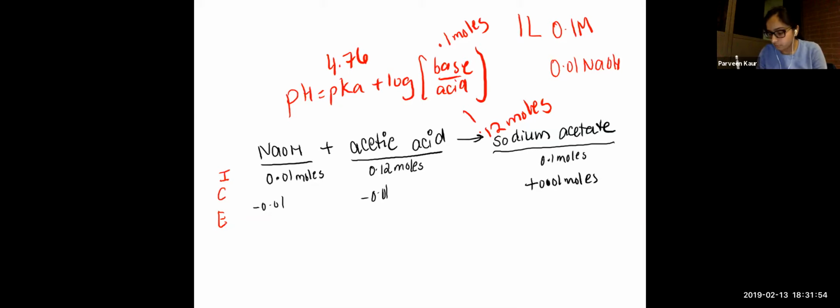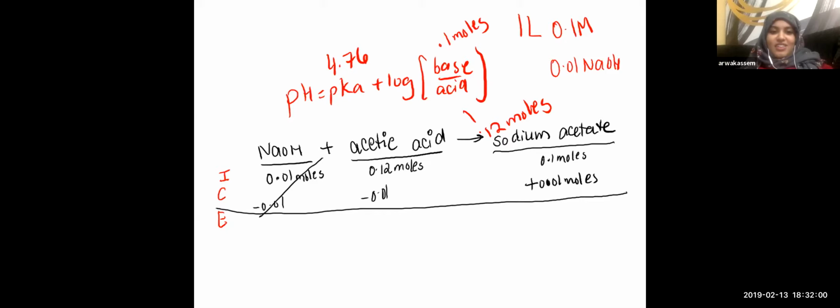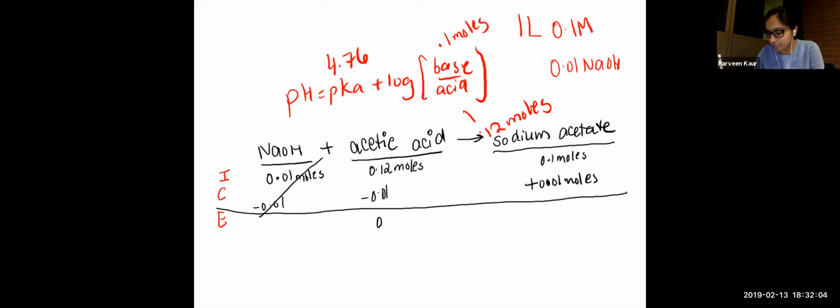Perfect. For acetic acid you get 0.11, and for sodium acetate you also get 0.11.